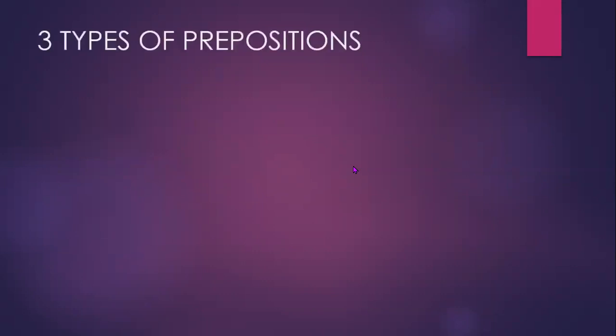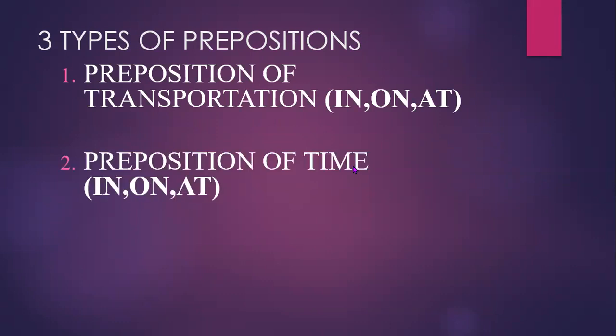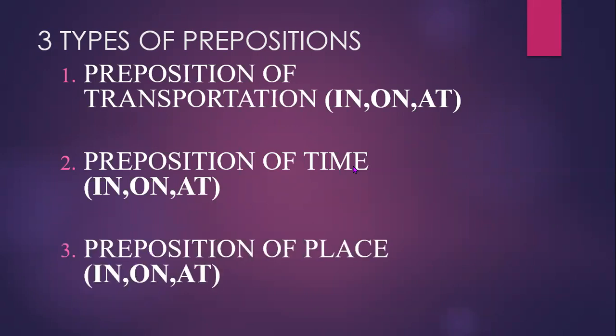Okay, so we also have the three types of prepositions. These are preposition of transportation: in, on, at; preposition of time: in, on, at; and preposition of place: in, on, at.